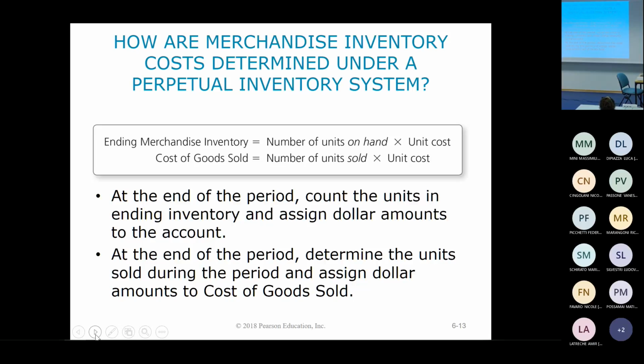So the ending merchandise inventory, the inventory at the end of the year, is equal to the number of units on hand that is available, multiplied by the per unit cost. And of course, the cost of goods sold will be determined by the number of units sold multiplied by their cost per unit. So we need to think in terms of units, physical units of the inventory.